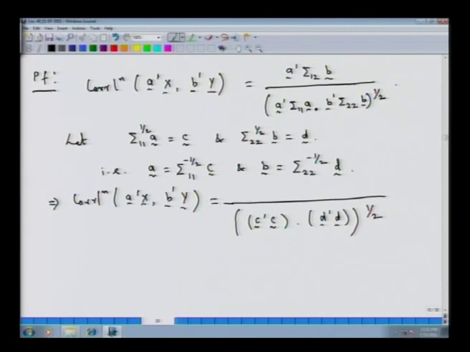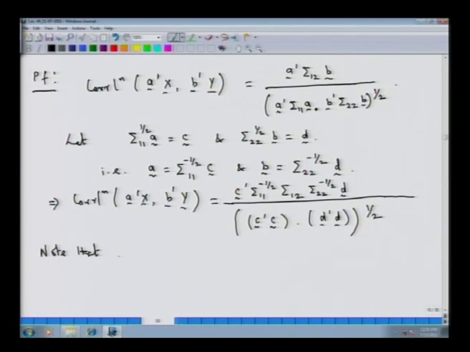What we have in the numerator is that A prime is given by C prime sigma 11 to the power minus half, and then this is sigma 12 which remains as it is, and B is given by sigma 22 to the power minus half times D. So, this is the correlation coefficient between the two linear combinations in terms of the redefined vectors C and D.